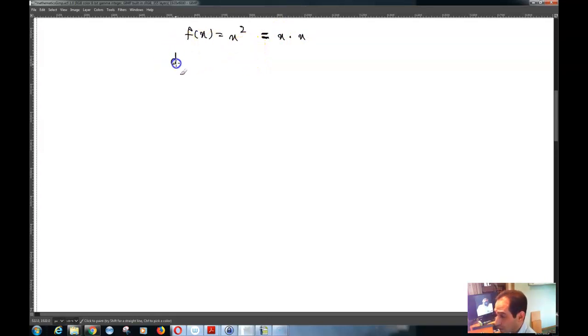So d by dx of x squared is the same thing as d by dx of x times x, which is d by dx of x times x plus x times d by dx of x.